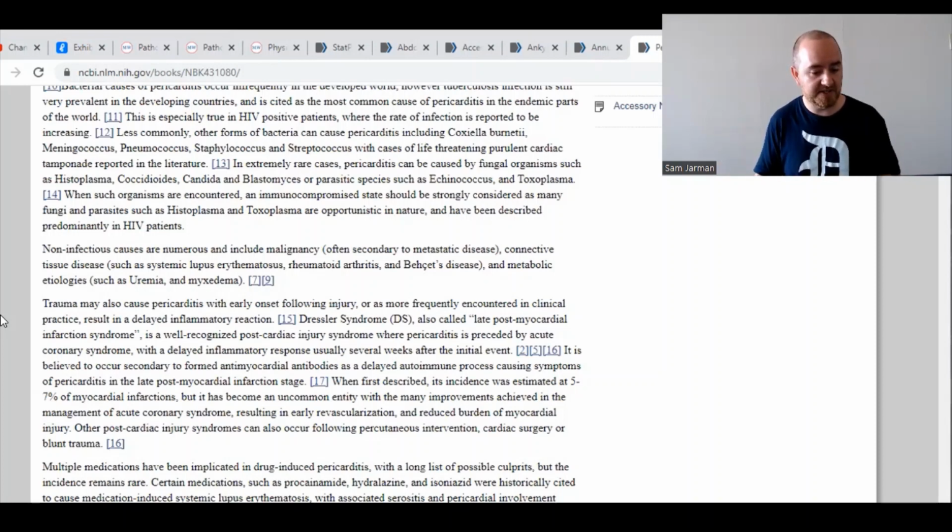Connective tissue disease, such as systemic lupus erythematosus, which is SLE, or most people will just say lupus, rheumatoid arthritis, and Behçet's disease, and metabolic etiologies such as uremia and myxedema. So essentially what you're looking at is stuff that will either take up space or alter the connective tissue itself.